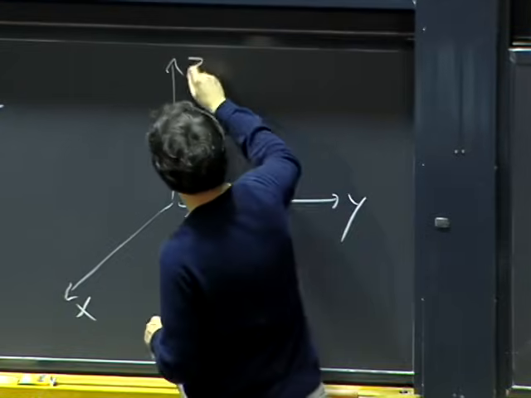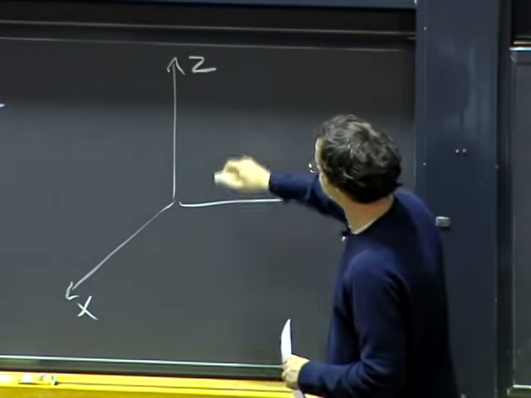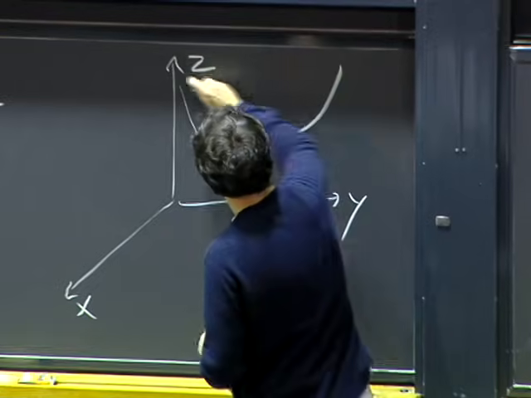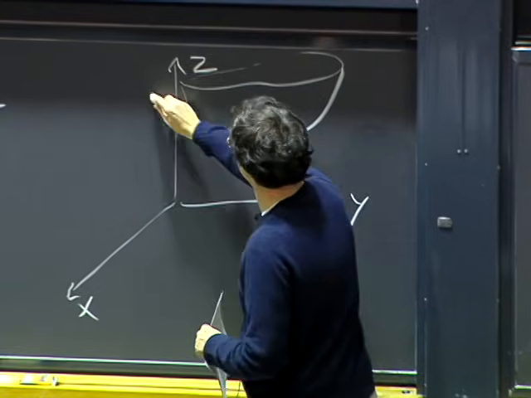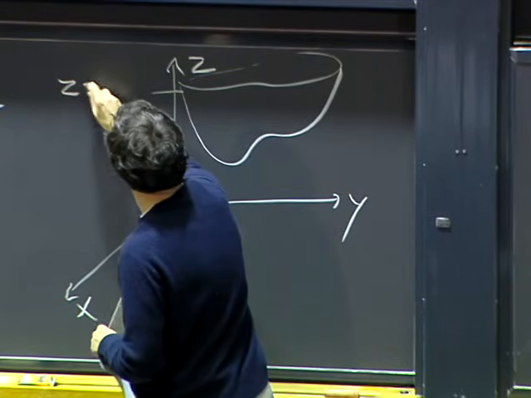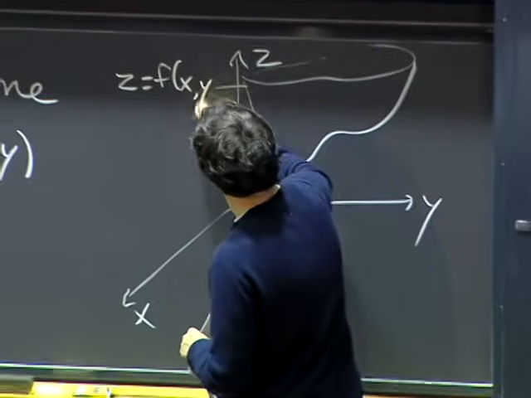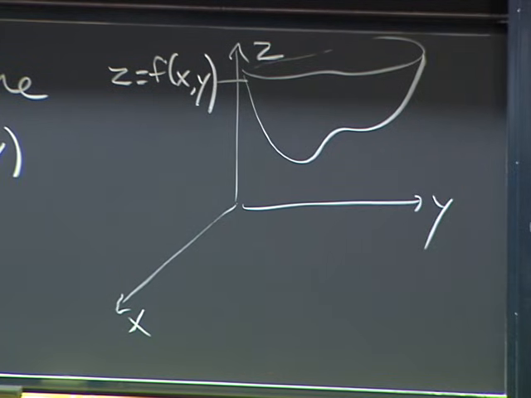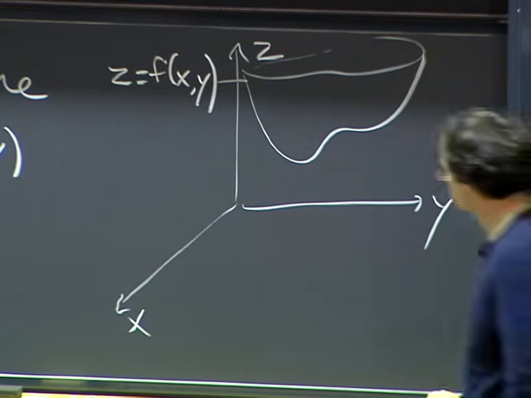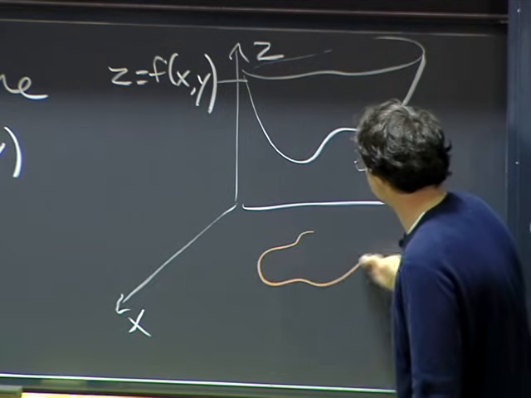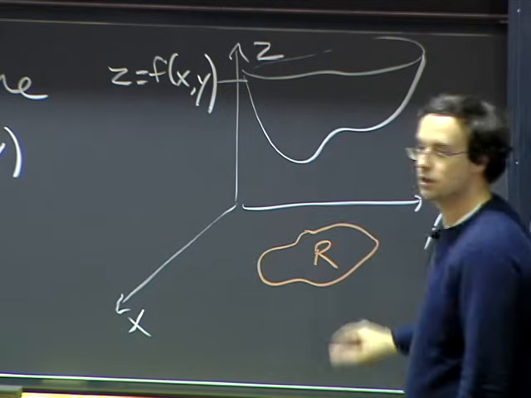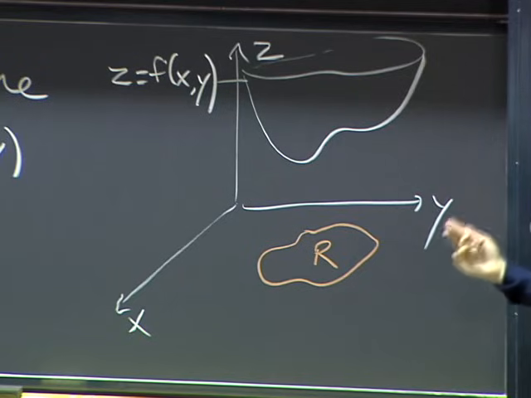Let's draw a picture for what this means. I have a function of x and y. I can draw its graph. The graph will be the surface with equation z equals f of x and y. And I have to decide where I will integrate the function. So for that, I will choose some region in the xy plane. And I will integrate the function on that region.